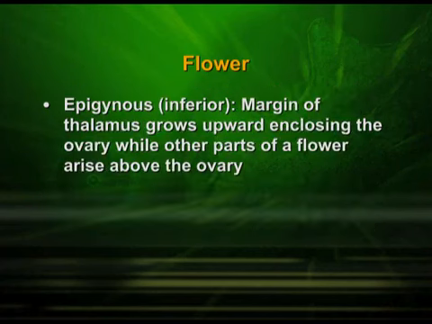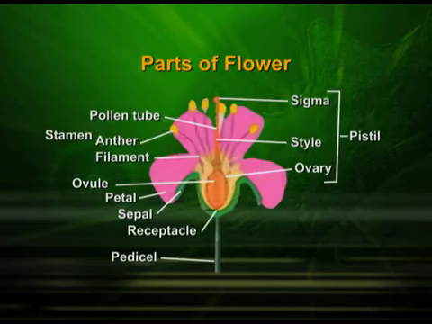In case of epigynous flower, which is referred to as inferior flower, the margin of the thalamus grows upward enclosing the ovary, while the other parts of a flower arise above the ovary.